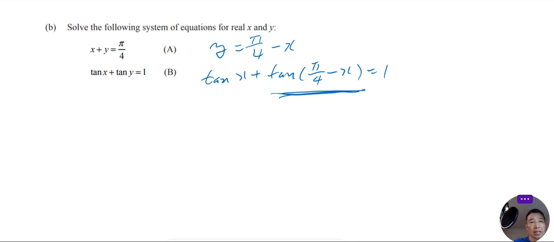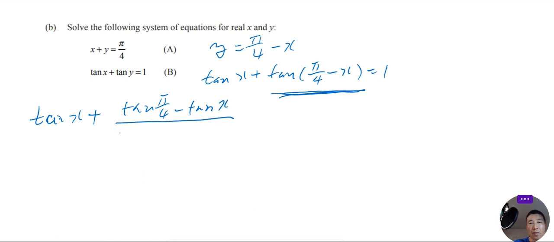Meaning tangent x plus tangent pi over 4 minus tangent x over 1 plus tangent pi over 4 times tangent x.